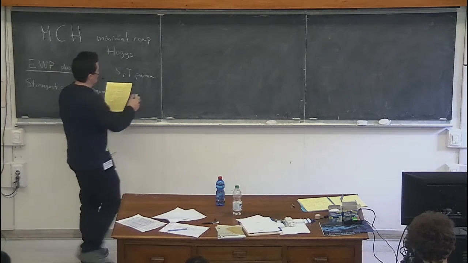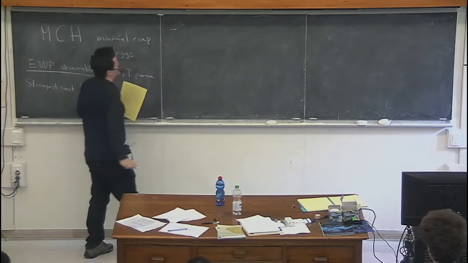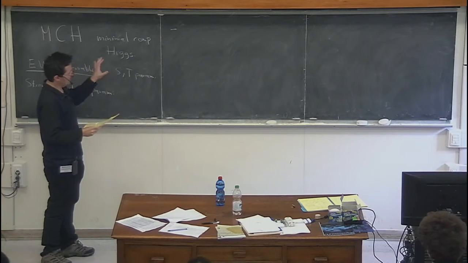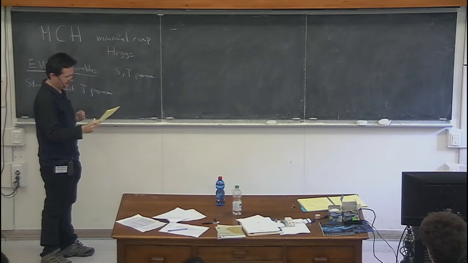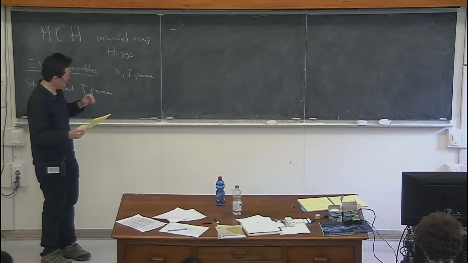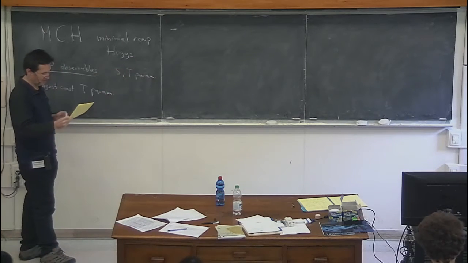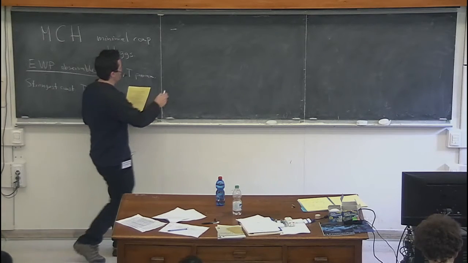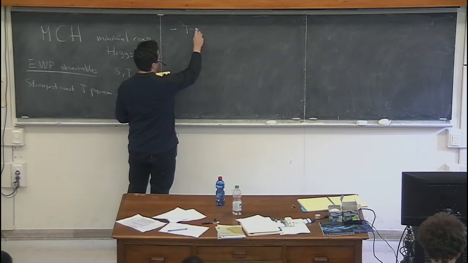In the context of little Higgs or composite Higgs models, there have been two possible ways that people were considering reducing the corrections to electroweak precision observables. One of them went under the name of T parity.